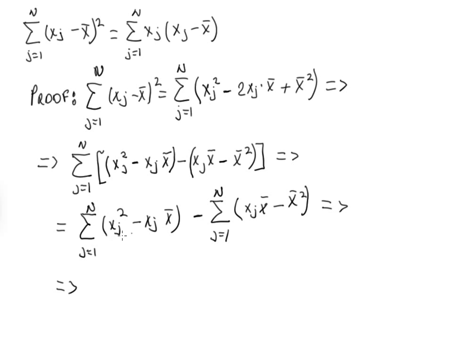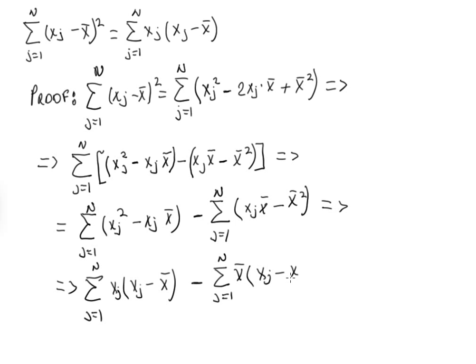There are xj's here, a common factor in both expressions, and x bar is a common factor here. So I'll factor it out of the bracket inside the summation operator. Now xj out of the bracket: xj times xj minus x bar, minus, and now x bar out of the bracket here.